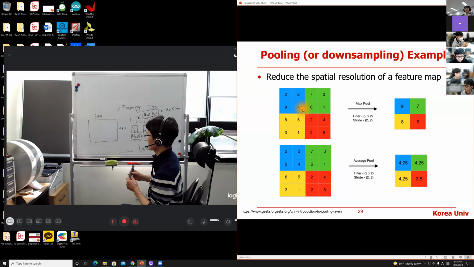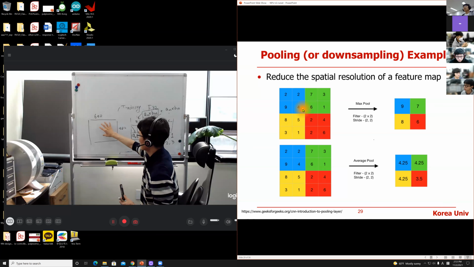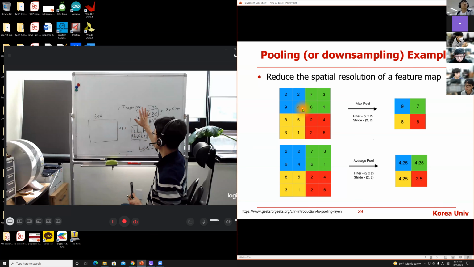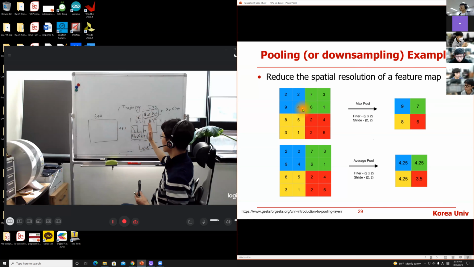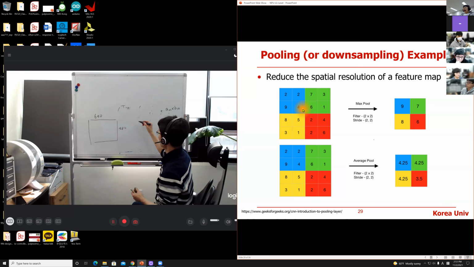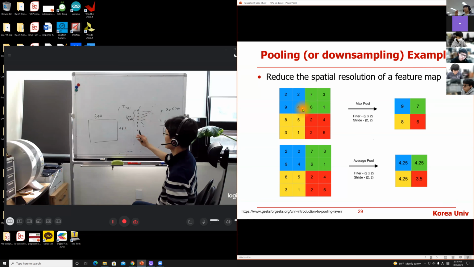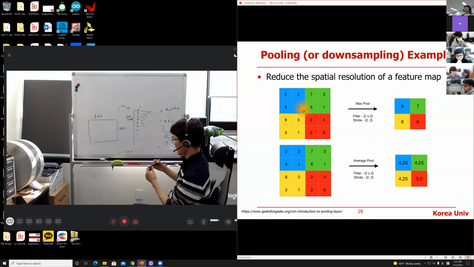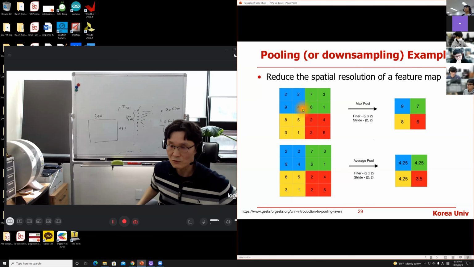There are too many pixels, so you need to reduce the resolution to generate the final feature map. You don't want to have too many feature maps going to the fully connected layer, so you want to reduce the number of final outputs.